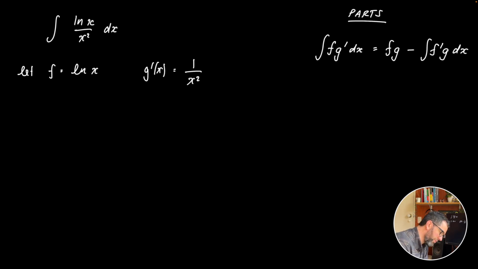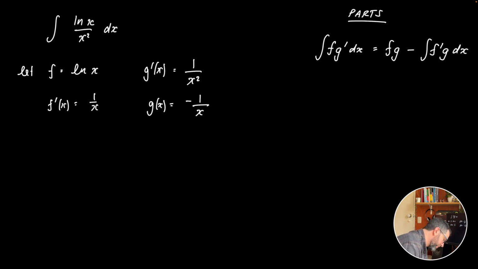And then I'm going to need f prime and g as well, so I'll also figure those out. So f prime of x will be 1 over x, and g will be the integral of that. So x to the minus 2 goes to x to the minus 1 with the negative signs. That means my g of x will be negative 1 over x.